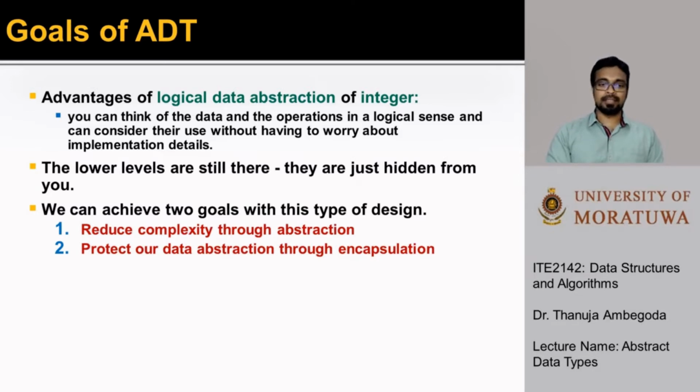The other one is to protect the data that has been abstracted through the encapsulation. So with encapsulation, since you hide away the implementation details and you only expose certain well-defined functions, you automatically can enforce what the programmer can do with the data type. That's what we mean by the protection that we achieve using data abstraction.